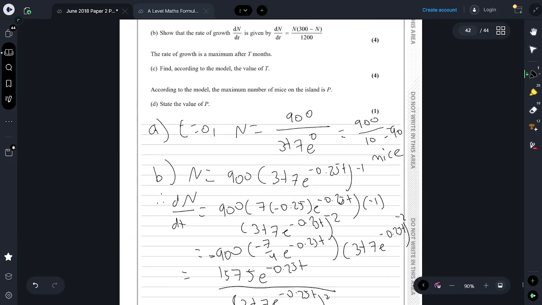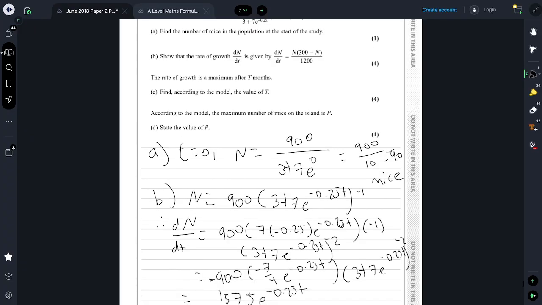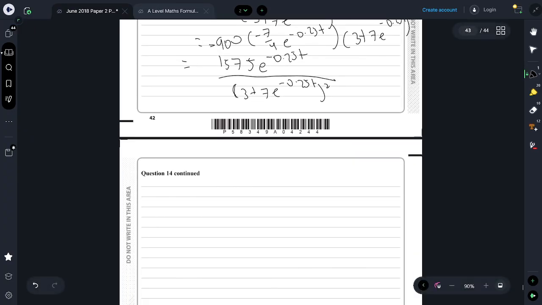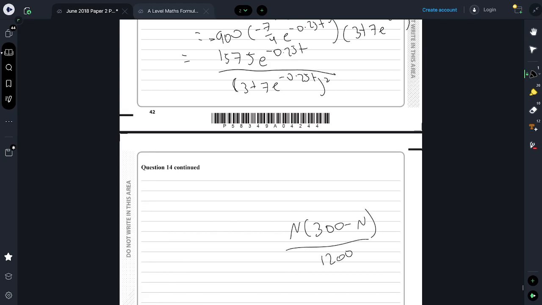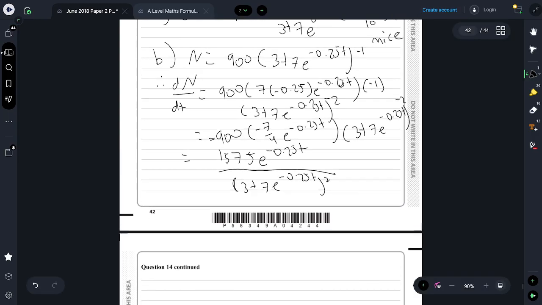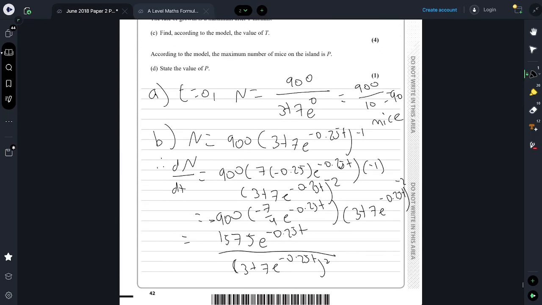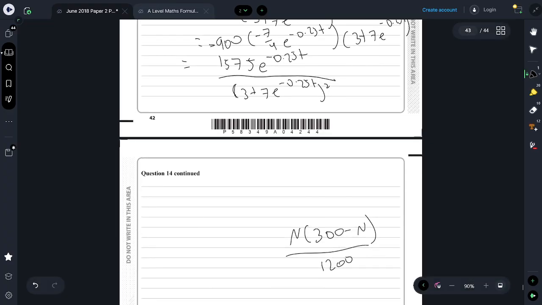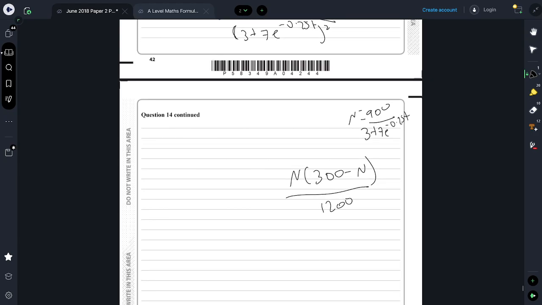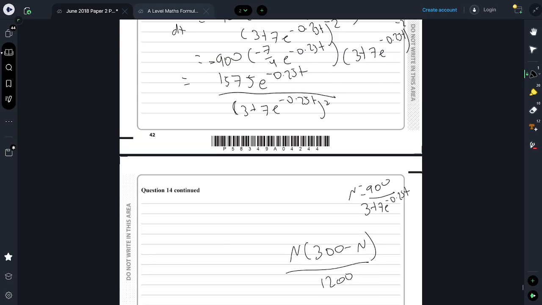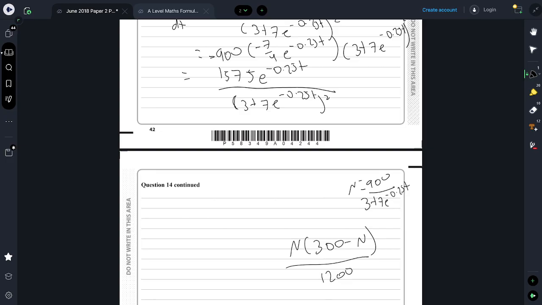Actually, before we do, let's do some rough working. What does N over 1200 of (300 minus N) look like? Let's substitute N in. N is 900 over 3 plus 7e to the minus 0.25t. Okay, so that's the aim that we want to get to.